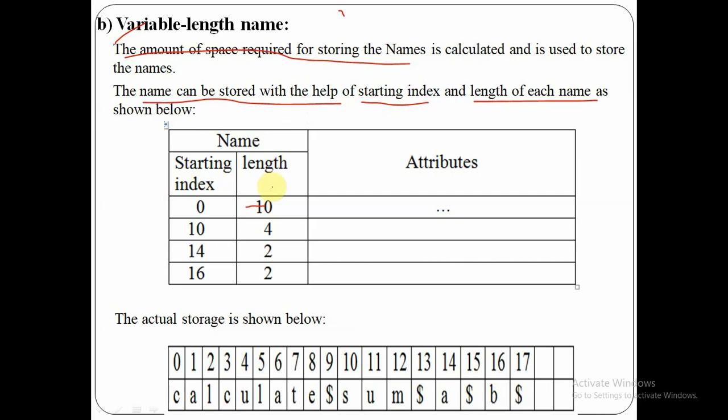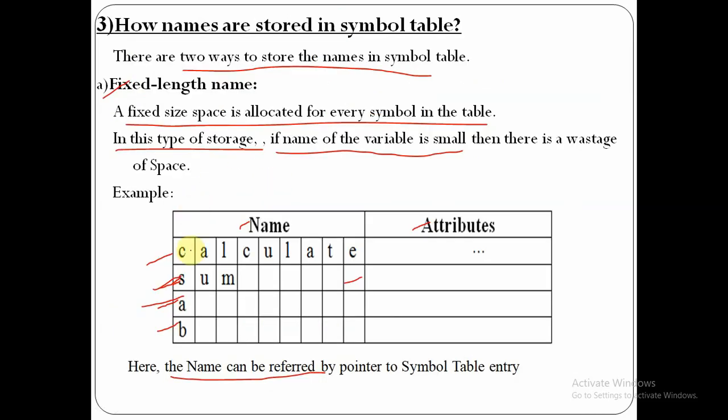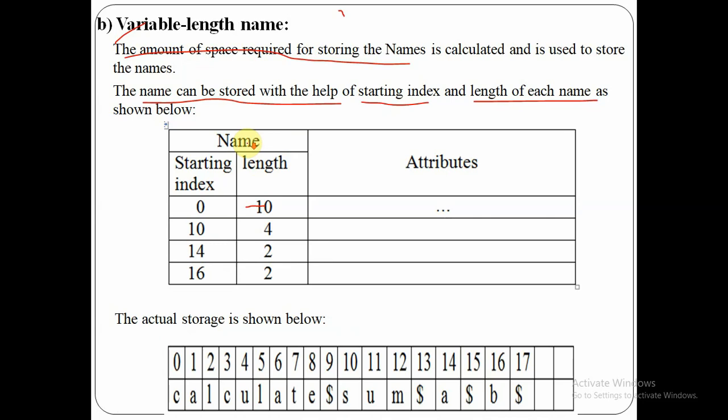So for example, I'll take the same 4 identifiers: calculate, sum, A and B. Here calculate occupies 9 bytes exactly. So here the starting index of the array is 0. It occupies 9 actually, but here we are storing 10.